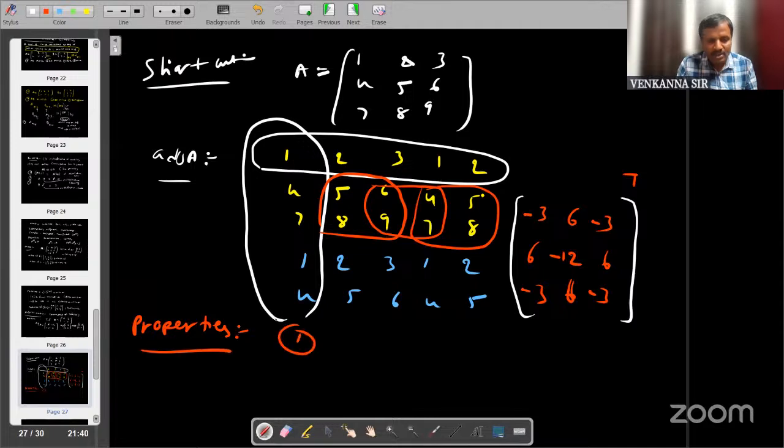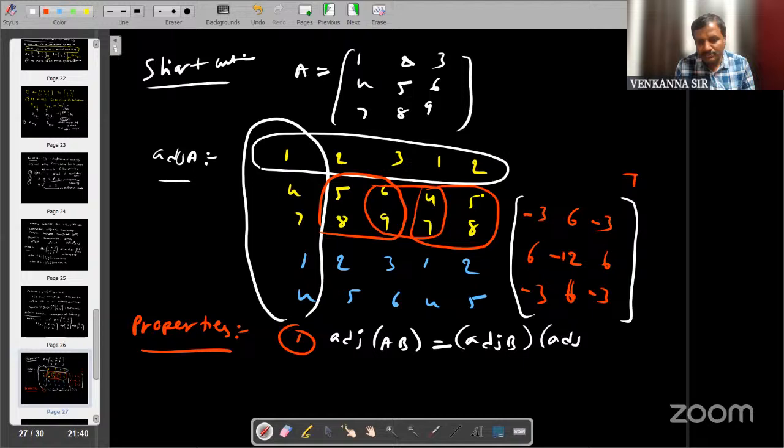Properties of adjoint. So many GATE questions on adjoint properties also. First property, adjoint AB is equal to adjoint B into adjoint A. Second property, adjoint of A inverse is adjoint A whole inverse.